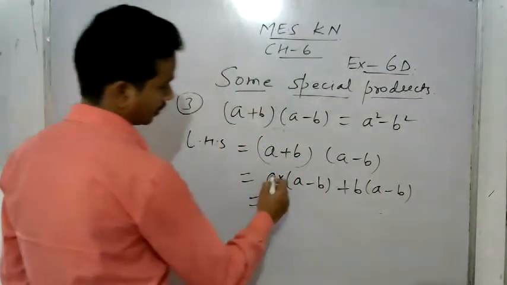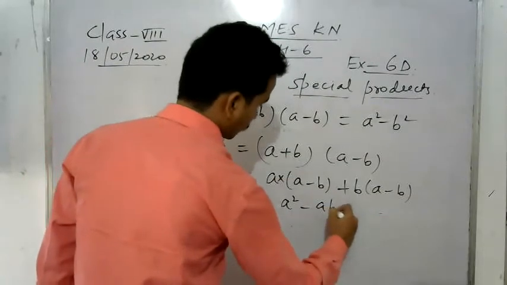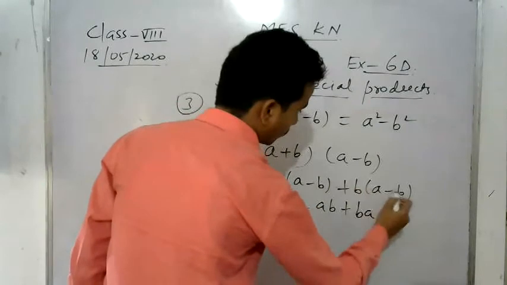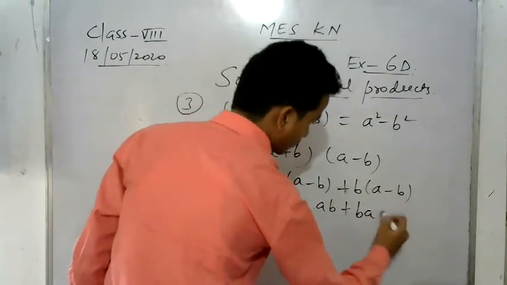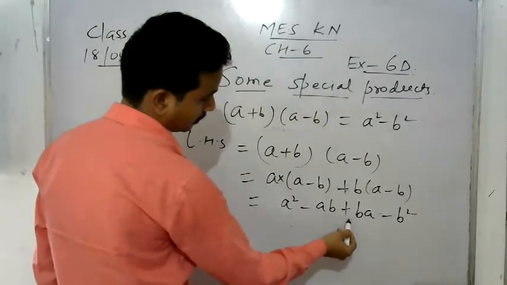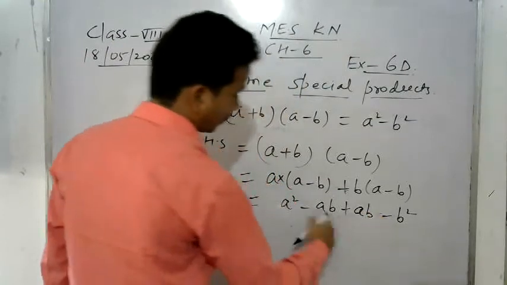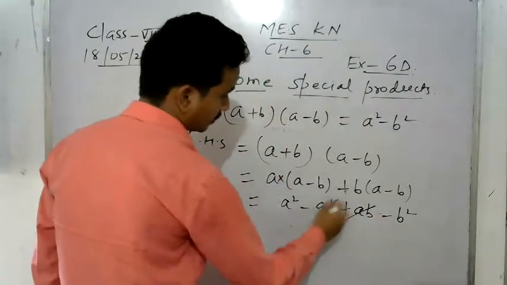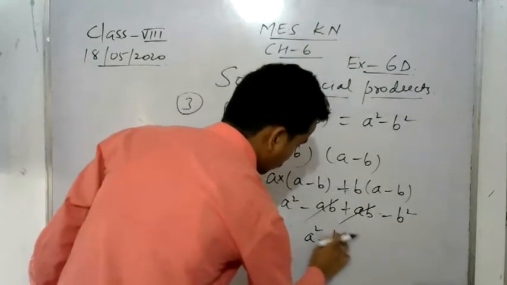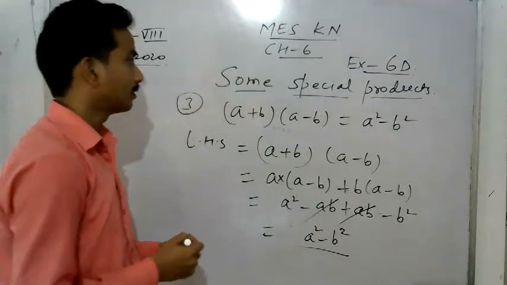Now a into a is a square, a into minus b is minus ab, plus b into a is plus ba, and plus b into minus b is minus b square. Here you see plus ab, you can write it as ab. Plus ab and minus ab will cancel each other, and we are left with a square minus b square. In this way, you will learn all these three products.